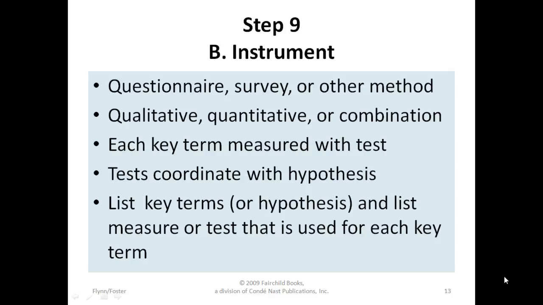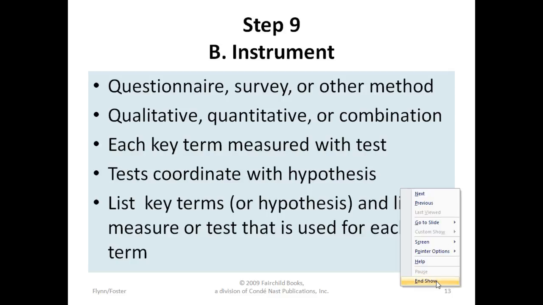However, in your book it says that you need to list each key term for each hypothesis and then the measure that was used. We're not going to do that. That's a little too in-depth. So I'm going to show you what you're going to want to include under the Part B instrument section of your FRAF. But we're going to look at that in the article.